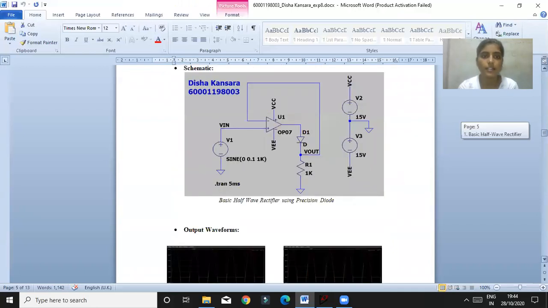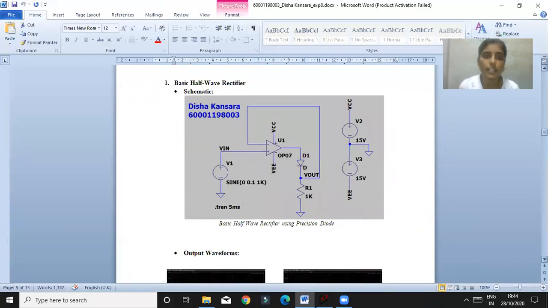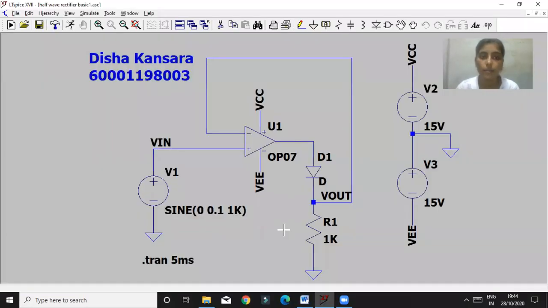So this is the operation of the clipper circuit. Now let's see the circuit of the basic half wave rectifier. Yeah, this is the circuit of the basic half wave rectifier. I used an OP07 op-amp here, and for the input voltage source, I gave a sine wave with 0.1 volt amplitude and 1 kilohertz frequency.